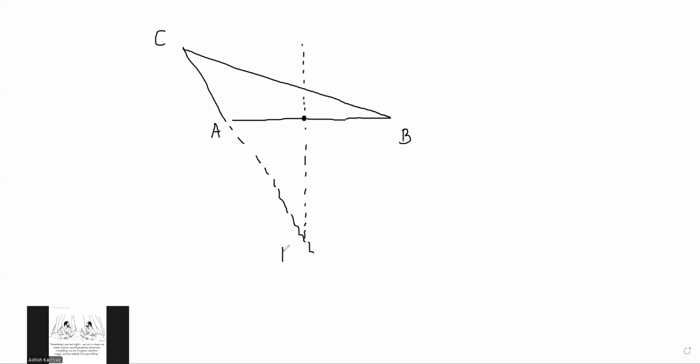Perpendicular bisector of AB intersects side AC, so it will be extended on the other side. You have a situation like this: A, B, C, perpendicular bisector of segment AB. BM is perpendicular to BC.